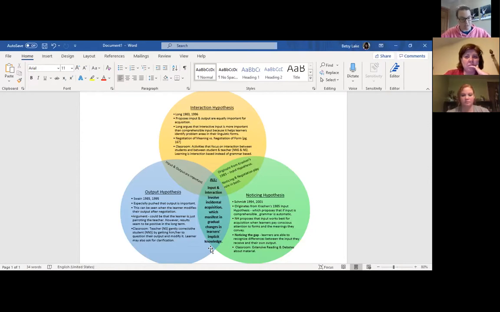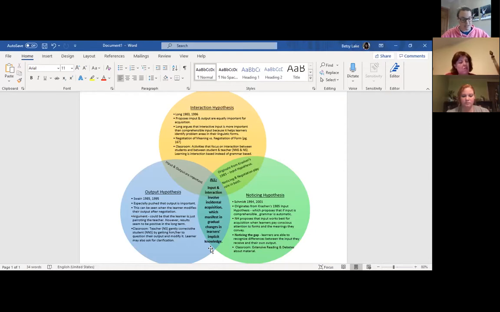Schmidt's ideas about the importance of noticing, this noticing hypothesis, originated in his experiences of learning L2 Portuguese in Brazil. So this was his experience and why he came up with this idea. Schmidt kept a diary to establish which features in the input he consciously attended to.